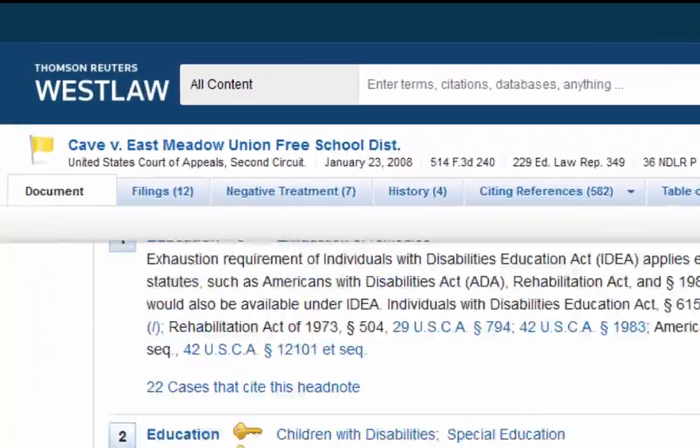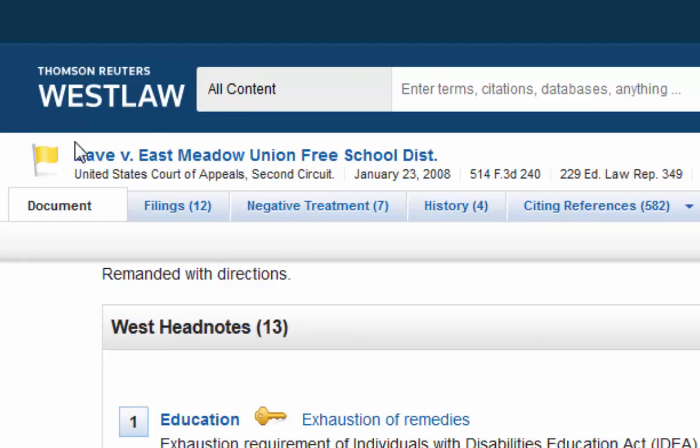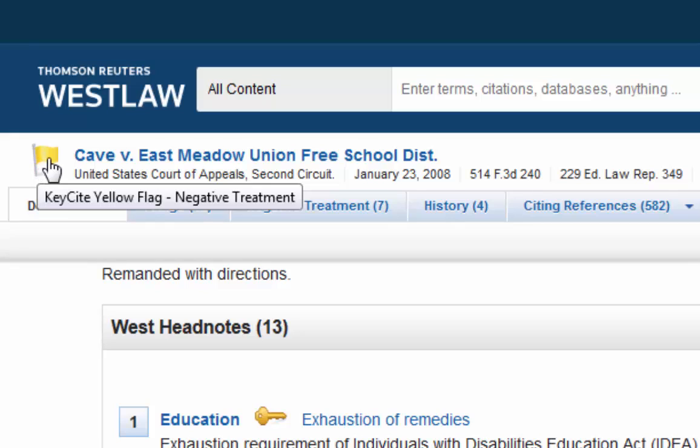So if we come to the top here, you will notice that there's a yellow flag. So you want to be conscientious of whether there's a flag at the very top. This yellow flag indicates that there were cases that came after this one that put some of the findings in dispute. However, since it's yellow, it doesn't mean that everything was disputed later on. If this flag were red, I would definitely opt not to use it.